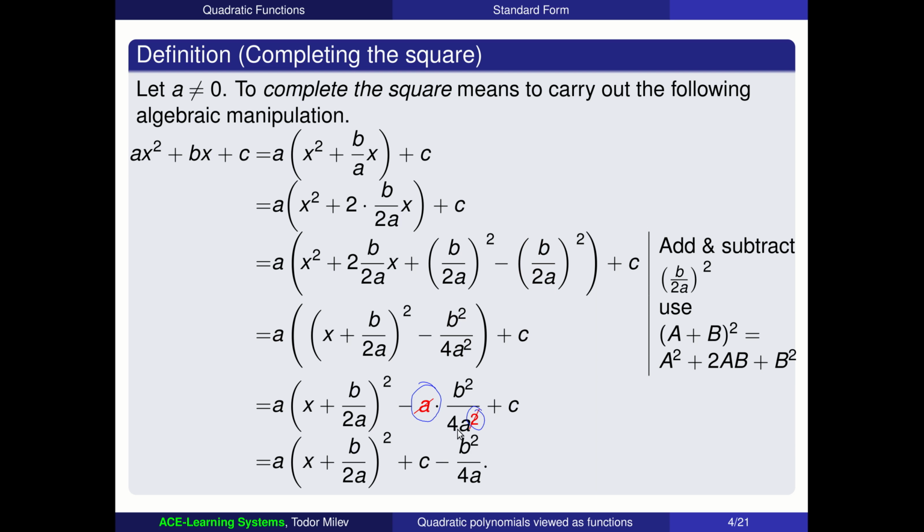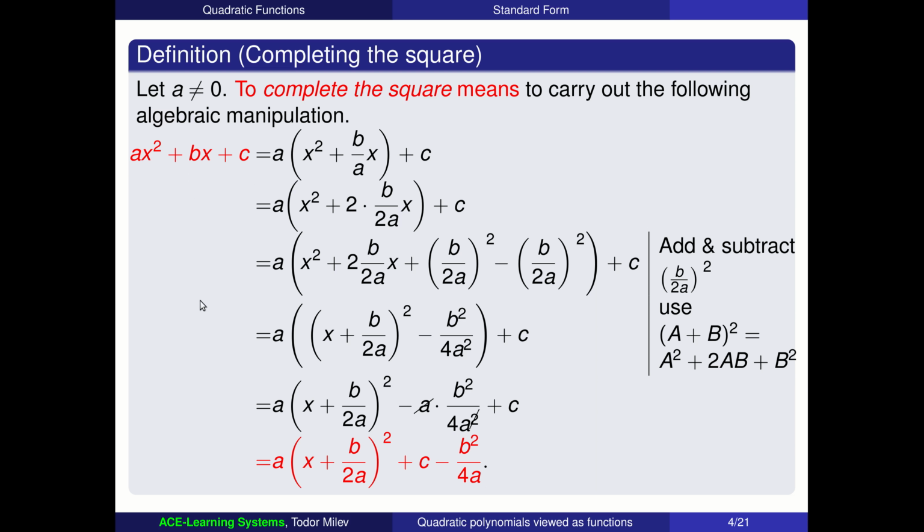Here we have a squared, we can cancel one of the a's with this a here. And we're left with the final expression which stands for completing the square. So we're left with the expression a times x plus b over 2a, squared, plus c minus b squared over 4a, equal to ax squared plus bx plus c.